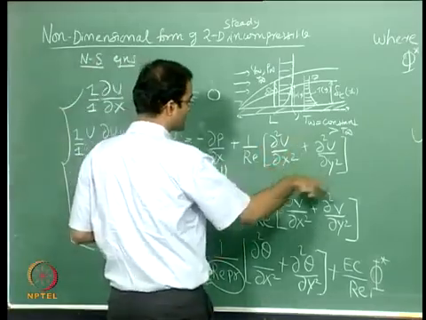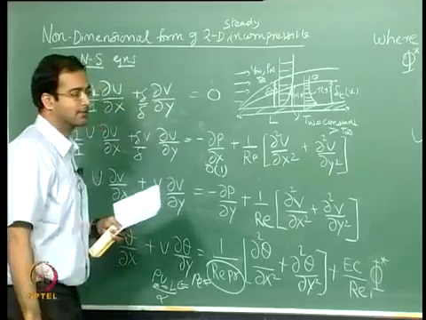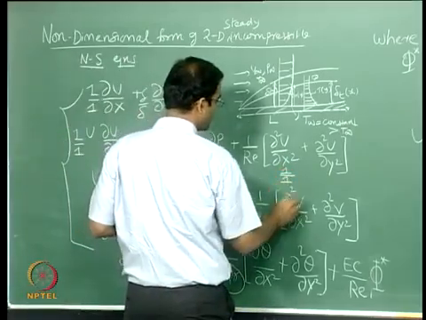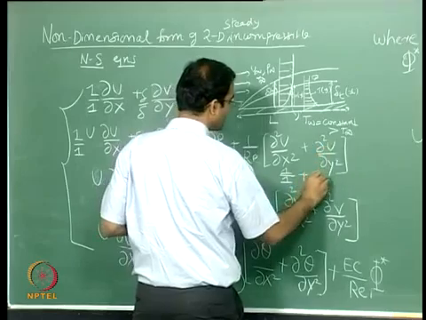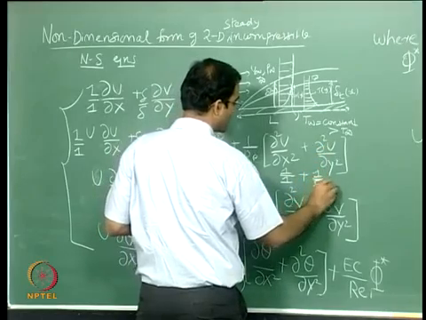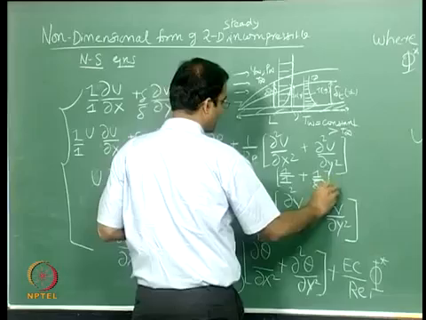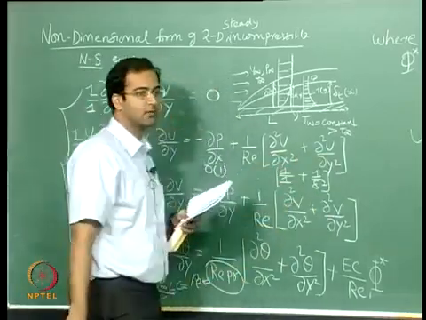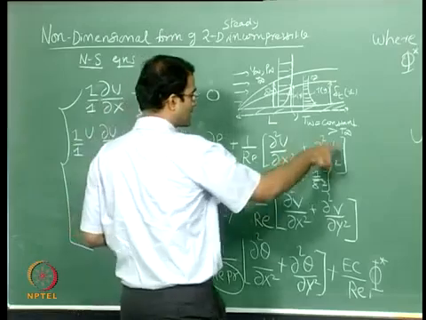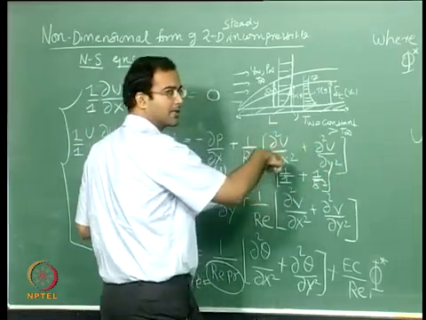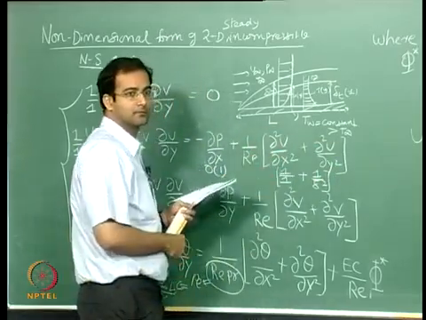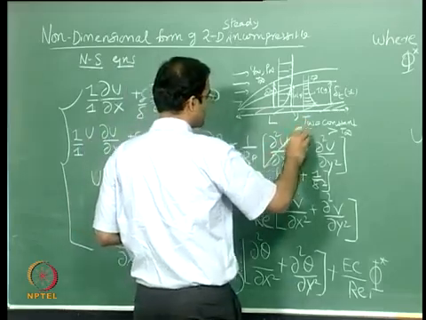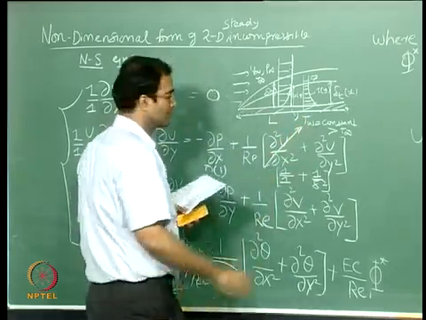Now coming to d square u by dx square, this is of the order of magnitude 1 upon 1, plus this is 1 upon delta square. If you compare these two terms, since your delta is very small, naturally this term has to be much more significant than this term, so you can neglect this term directly.